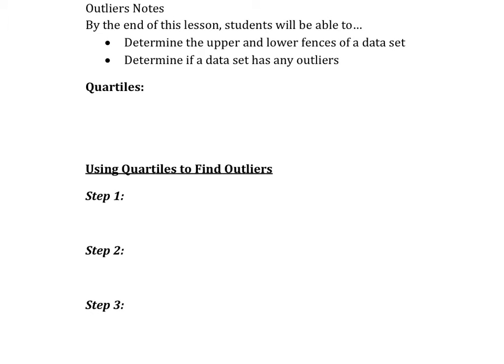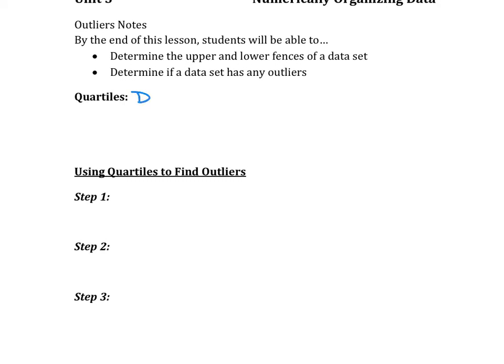So we talked about quartiles a little bit on Monday, but just a refresher, quartiles divide your data set into 4 parts with the same number of data values in each.